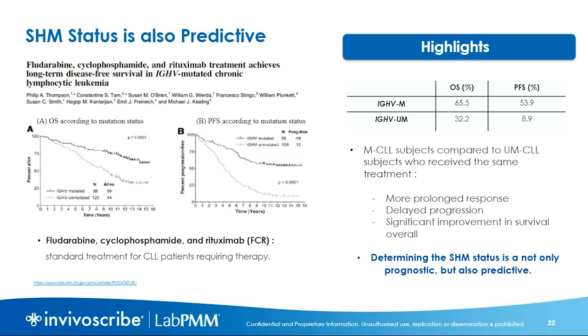FCR treated CLL patients with mutated IGHV genes were associated with superior overall survival and achieved long-term PFS, which was defined as the time from initiation of therapy until the development of progressive disease, initiation of salvage therapy, or death.